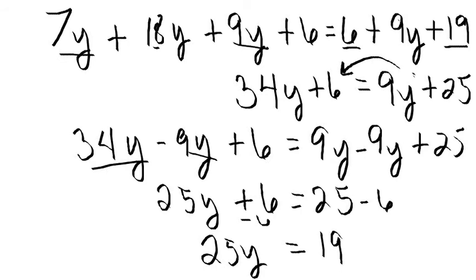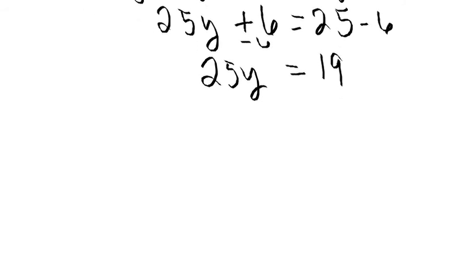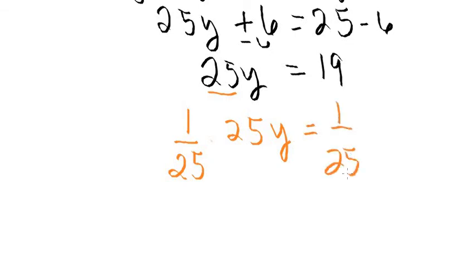Okay, let's see if we can scroll the screen a little bit here. All right, so once again, I guess I'll just use a different color. We're multiplying both sides by the reciprocal of 25 here, because we've got to get a 1 in front of that y. So 1 over 25 times 19.